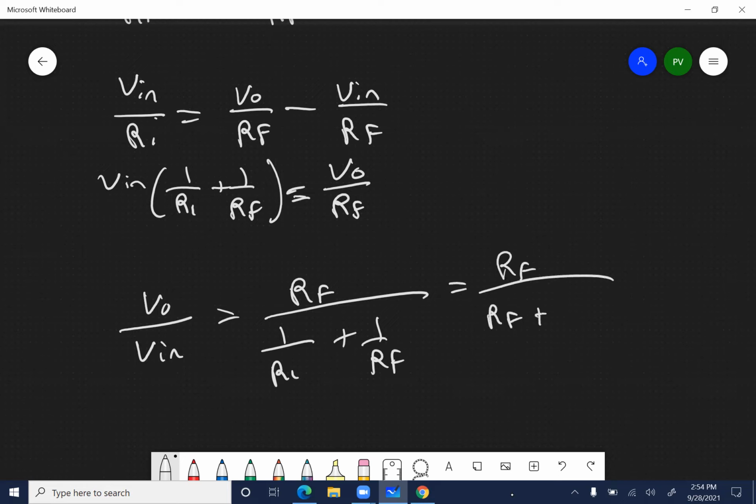And then I'm going to invert and multiply. Let's see. Invert and multiply. Am I doing something incorrect here? So I invert and multiply, I have R_F squared, which I definitely don't want.